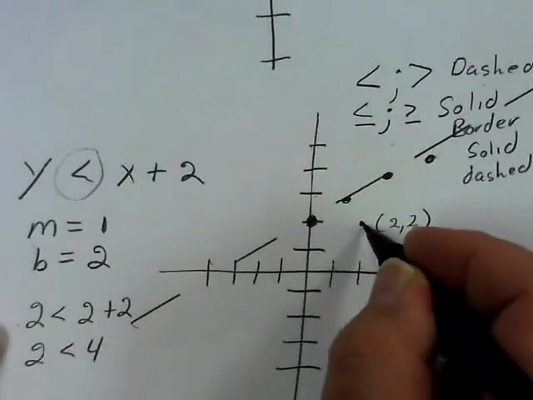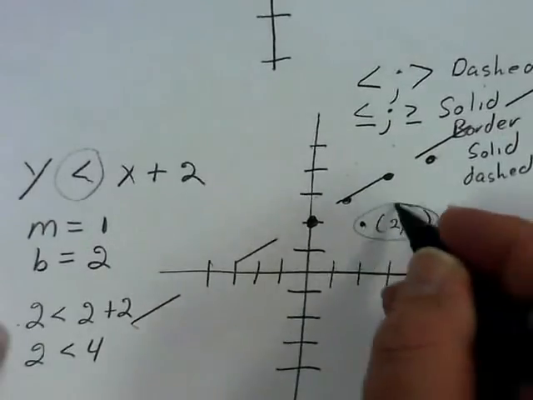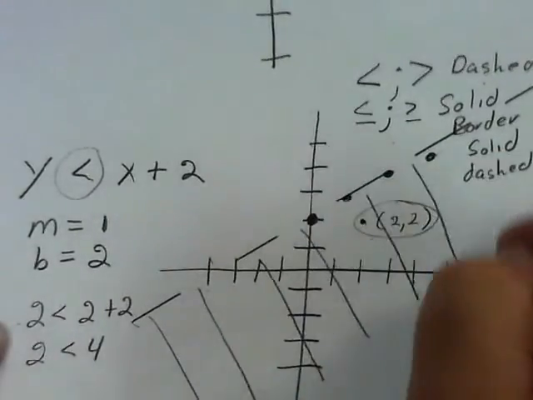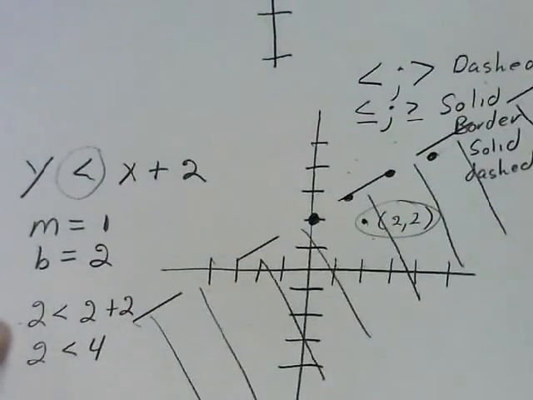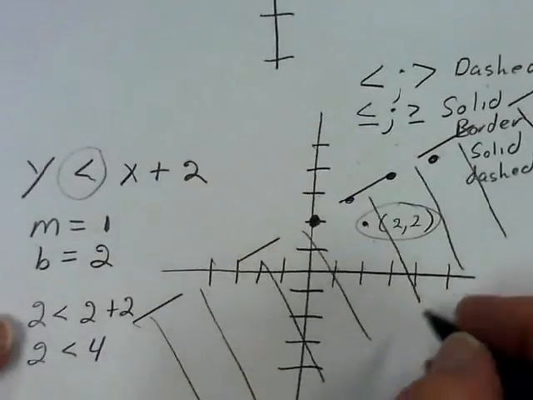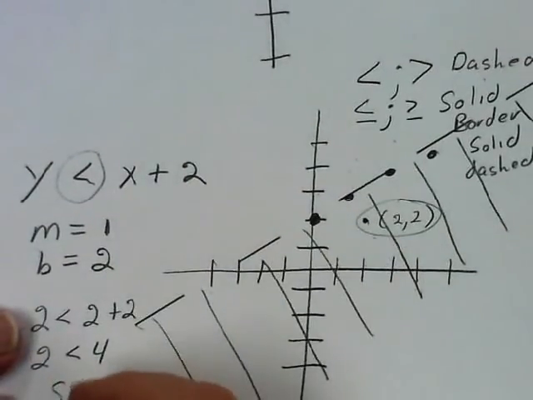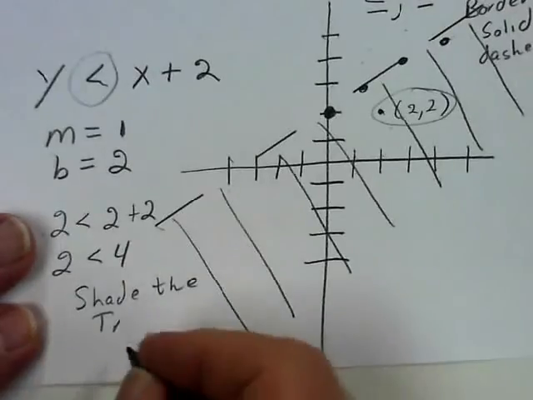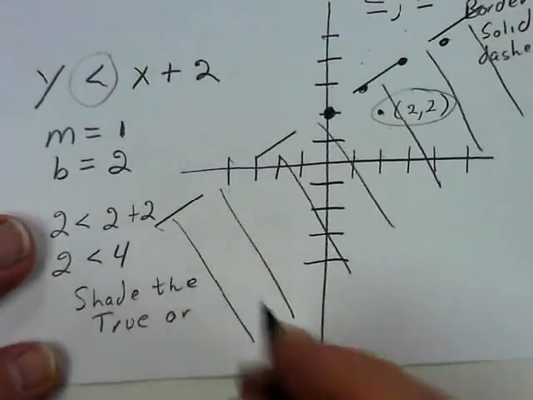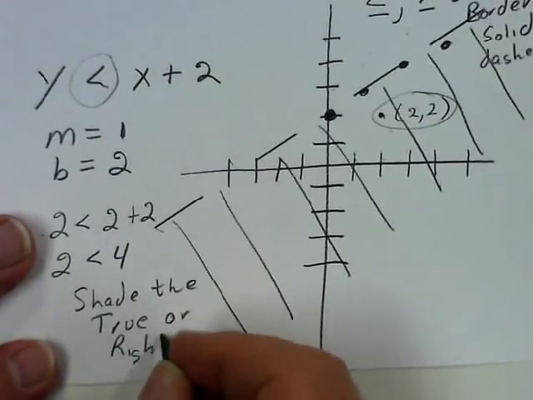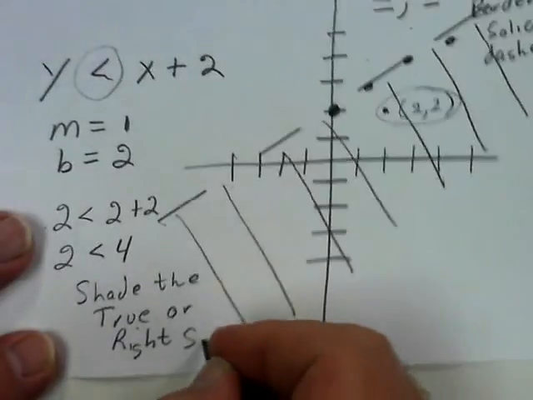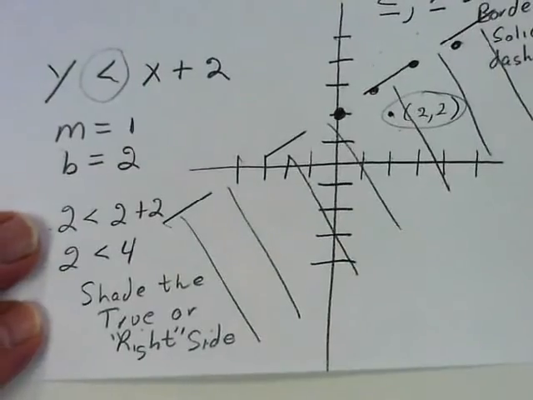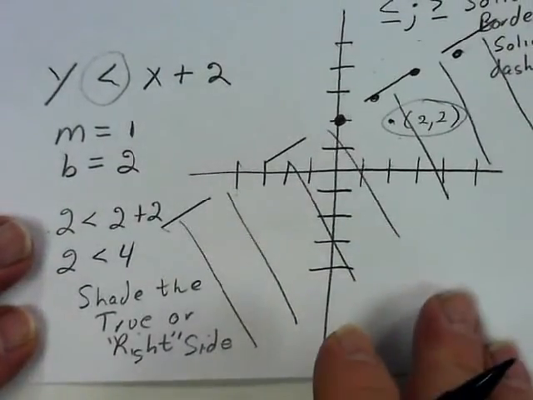That's the true side, isn't it? I shade it, or I color it, whatever you want to do. So you shade the true, or as some of you want to call it, the right side. Okay?